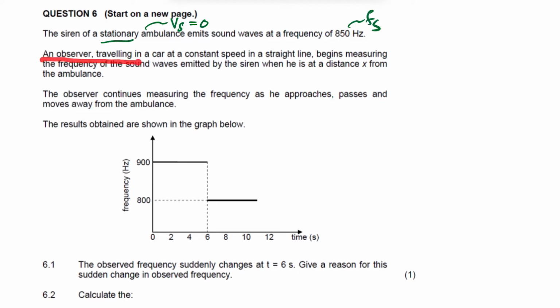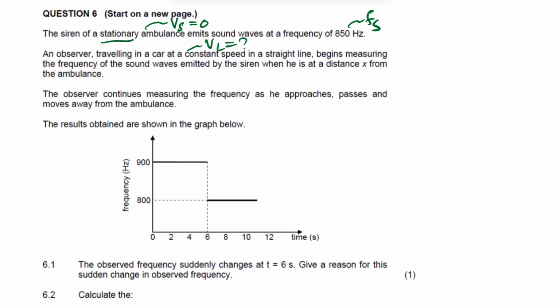Now it says an observer traveling in a car at constant speed. So the observer has a speed, the velocity of the listener, but we do not know it. It begins measuring the frequency of the sound wave emitted by the siren when it is at a distance x from the ambulance, right?